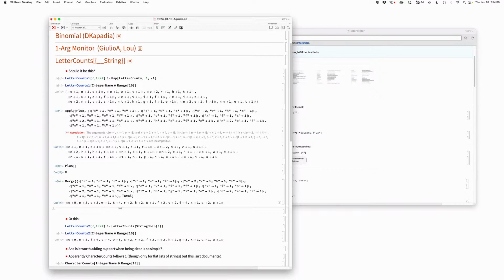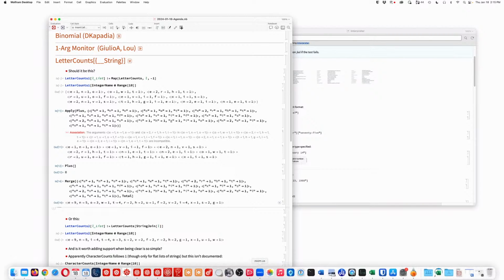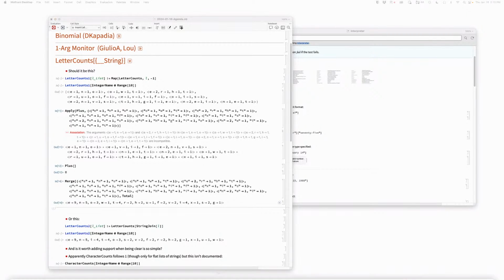I think that's reasonable. Let's put it as an example in the letter counts documentation and be done with it for the time being. Okay. And see whether we can make sure that the keywords for merge say things like adding associations. That would work. I'm sorry, say that again. Operator of that.